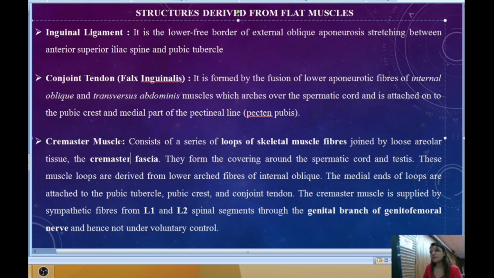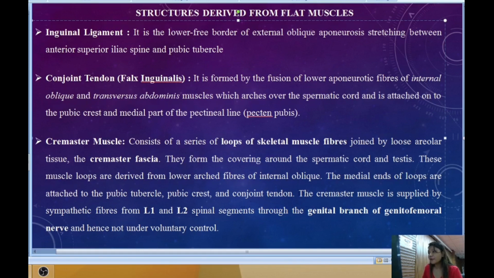So what is cremaster muscle? It consists of a series of loops of skeletal muscle fibers joined by loose areolar tissue, cremasteric fascia. They form a covering around the spermatic cord and testis. These are derived from lower fibers of internal oblique. The medial ends of the loops are attached to the pubic tubercle, pubic crest and conjoint tendon.